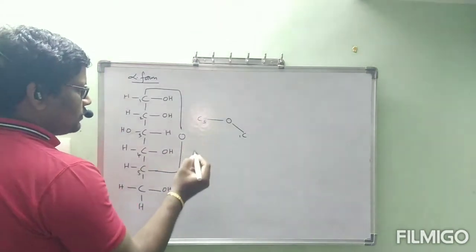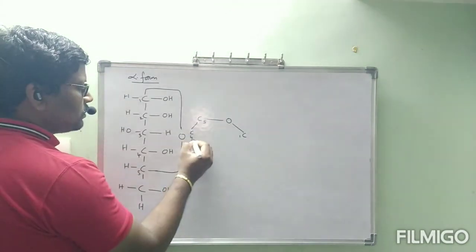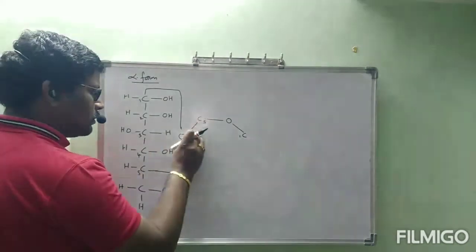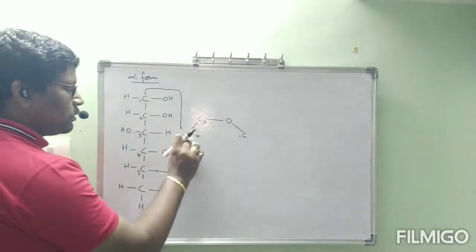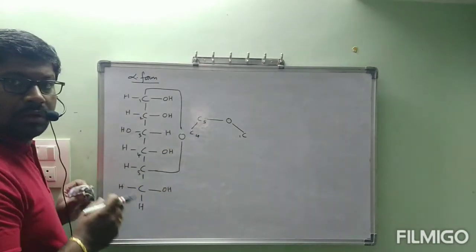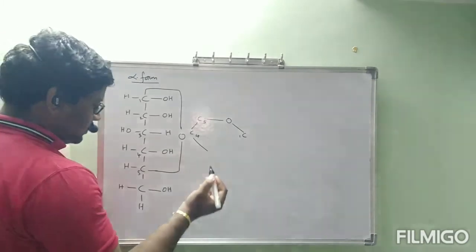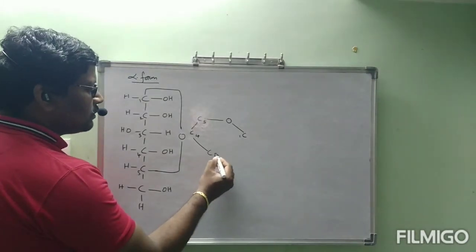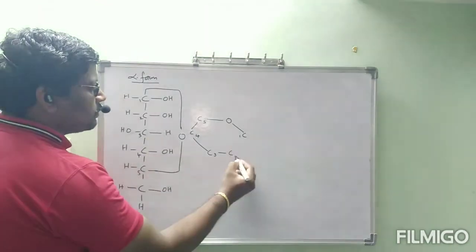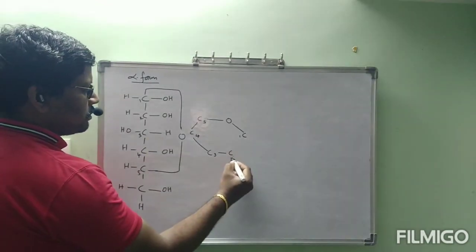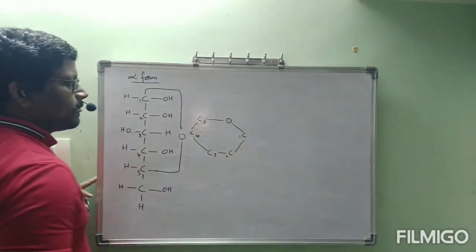This is C5. C5 is bonded to C4, C4 is bonded to C3, C3 is bonded to C2, and C2 is bonded to C1.